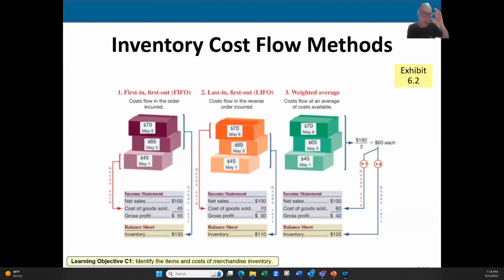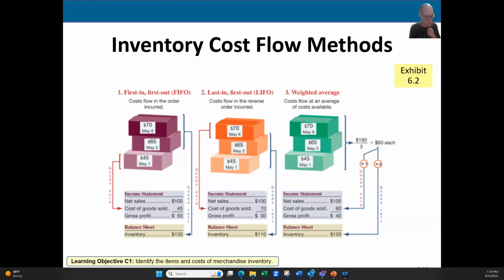First in, first out. As I mentioned, a type of business that would use this would be like a grocery store. I want to get that first batch that they purchased out first because it's going to expire. Perishable. First in, first out. On May 1st, the grocery store bought $45 worth of stuff.